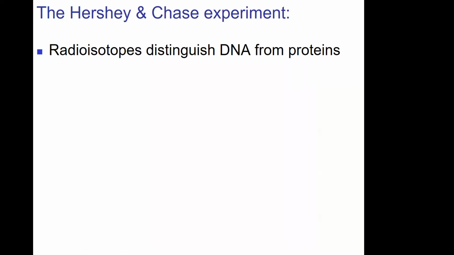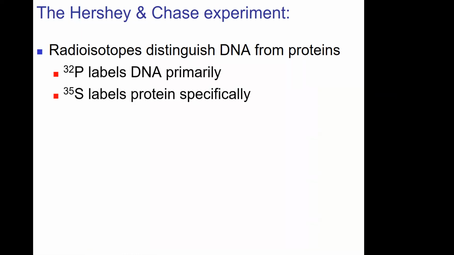And so they could make the radioisotopes P32 or S35 and use those. P32 is primarily going to just go with DNA because DNA has the phosphate backbone. S35 is not ever going to be in DNA because there's no sulfur there. So the only thing it could radioactively label would be proteins, specifically the amino acids cysteine and methionine.